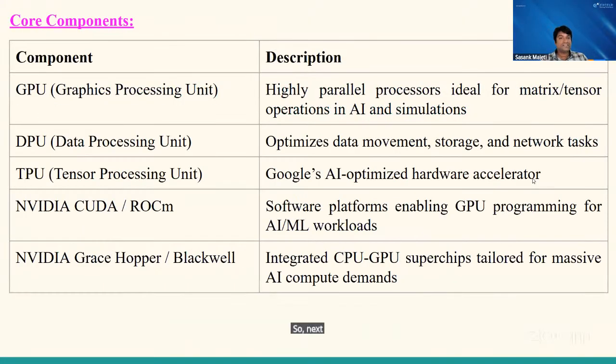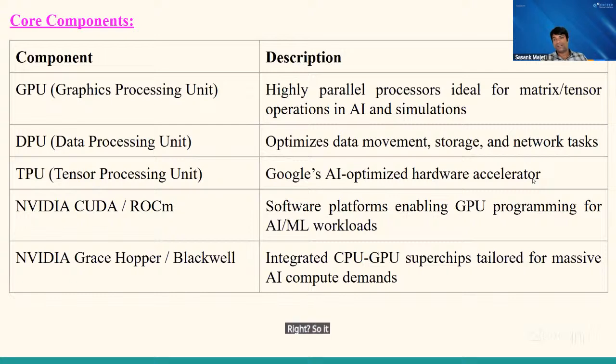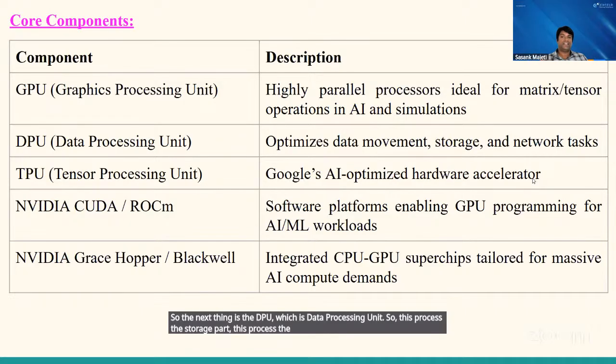Next are the core components, of which there are 5 important ones. One is the GPU, graphics processing unit, which has the tensor matrix cores. The next is the DPU, data processing unit, which processes the storage, the network, and the data movement.